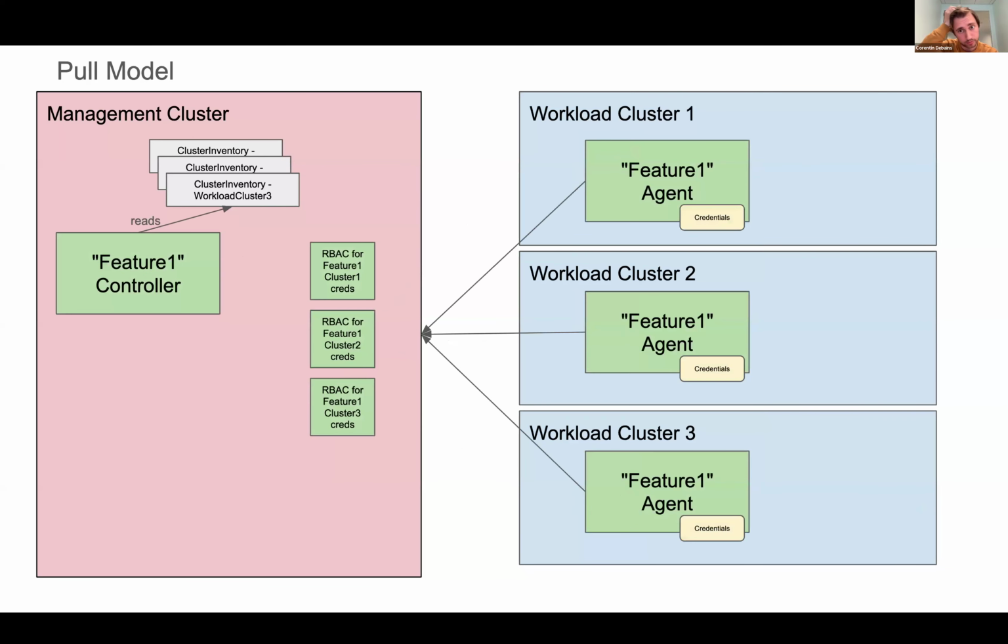For the pull model, I flipped it. I tried to put some names on the things. I call them agents, and the thing still in the cluster is still called the controller. We could change that name just to have the discussion. But then here, this needs to be installed everywhere, but it's pretty much the same thing, and it has its own local credentials. And then we still need centralized RBAC. So the RBAC flip side.